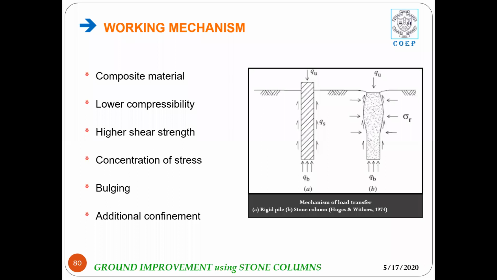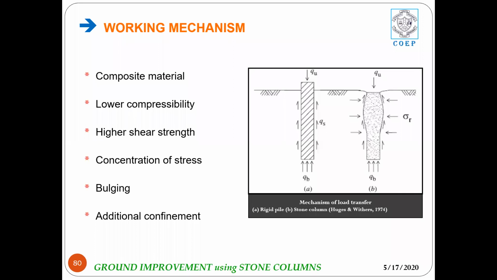How does this particular stone column work? We have a rigid pile, or the concrete pile, on the left hand side in the figure, as well as a stone column. The basic difference between a concrete pile and a stone column is that cement is missing. The binding agent or the binding material is missing in case of a stone column.